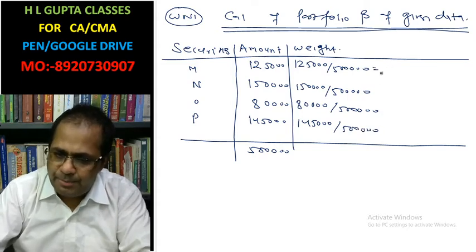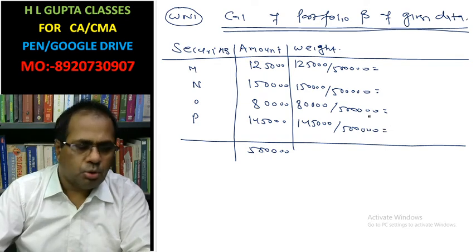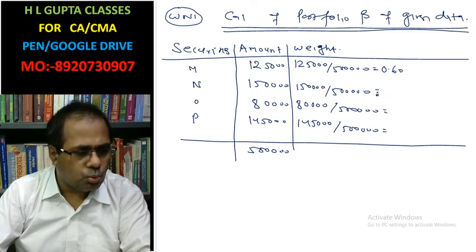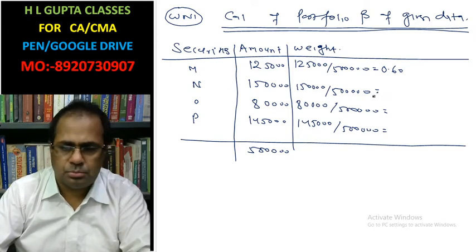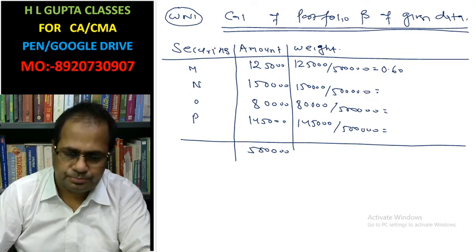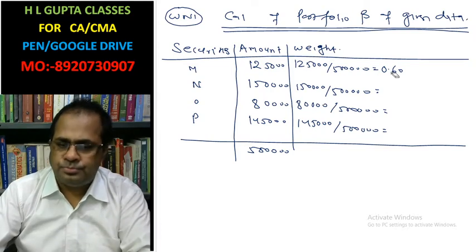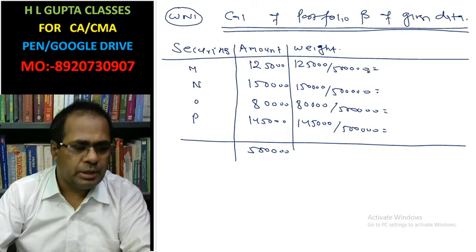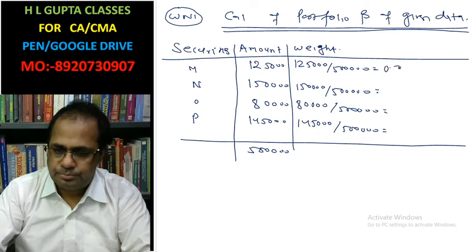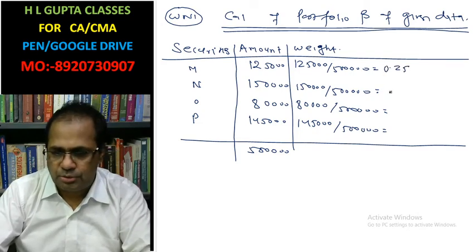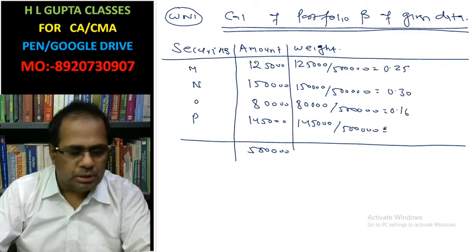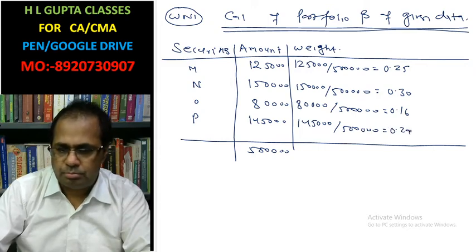The weights you have are 0.25, 0.30, 0.36, 0.29. This is the weight.